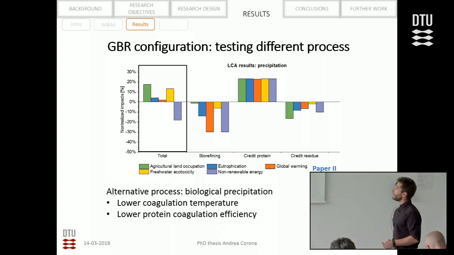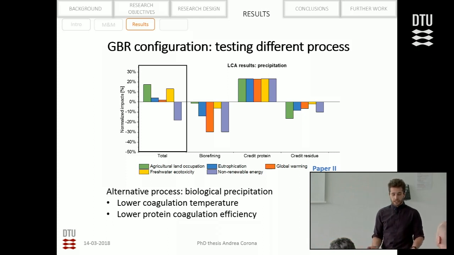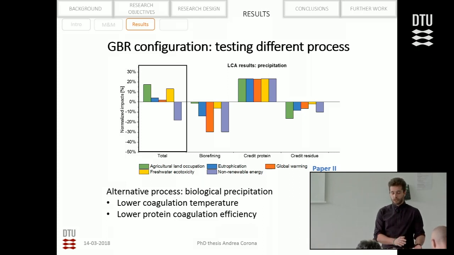So as you can see, a lower energy results in a lower environmental impact at the biorefinery side, because less energy is needed for the biorefinery itself, but the coagulation efficiency affects the credit on the protein, which is lower compared to the traditional scenario.